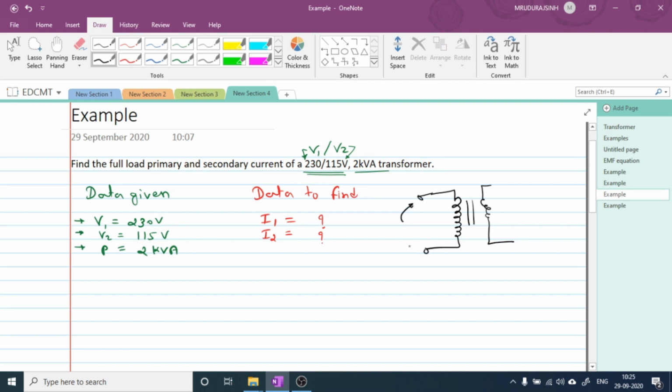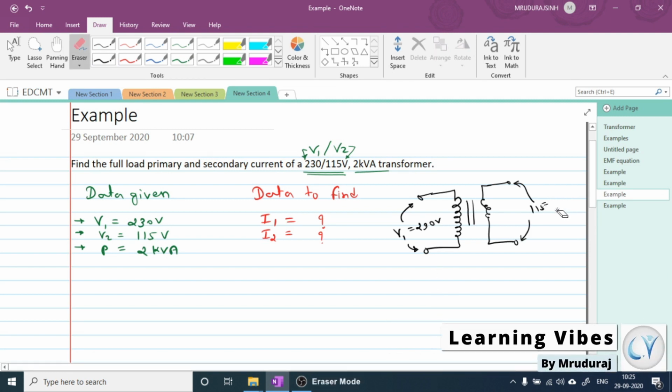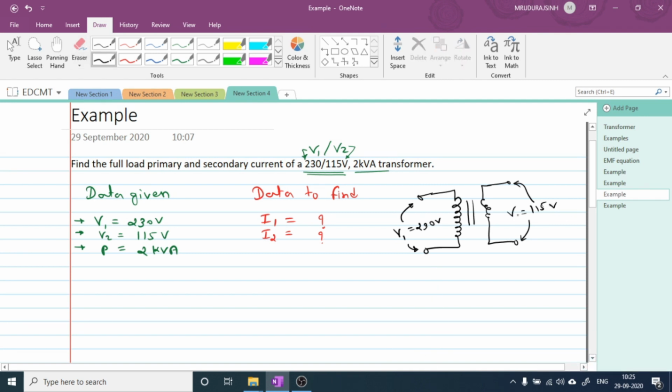Supply voltage V1 is 230 volt and the secondary voltage is 115 volt, that is V2, or simply 115 volts V2. So this is the circuit diagram, and we need to find the current flowing through primary winding, and when we connect the load, current flowing through secondary winding.